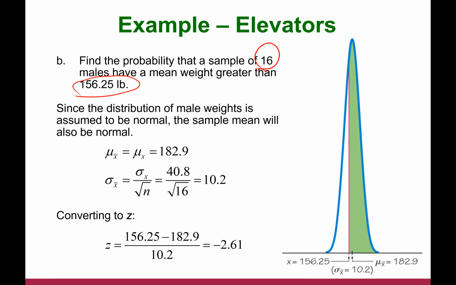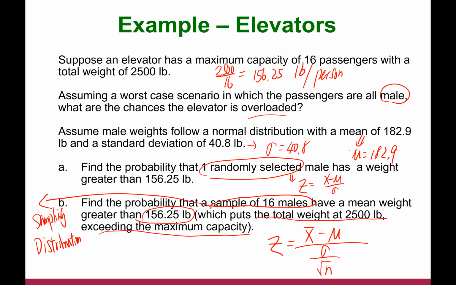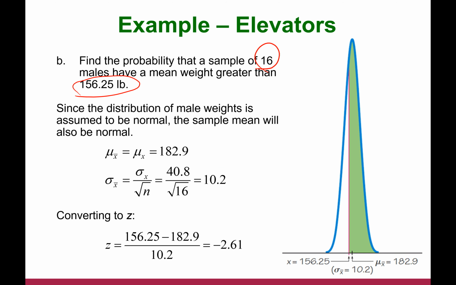Since the population is normally distributed, as it says here, the sample inherits the property from the population, so sample means are normally distributed.